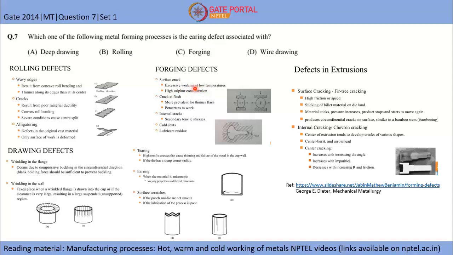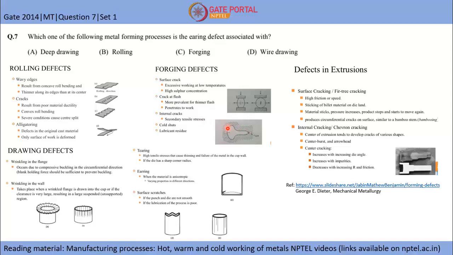Let's say I have a material which I want to hot work, but the temperature is not high enough to easily deform it to 10% strain. Hence, if the temperature is lower than required, surface cracks will nucleate. And if the material has high sulfur concentration, then also surface cracks will nucleate. Then there is crack at flash, more prevalent for thinner flash, which penetrates into the work.